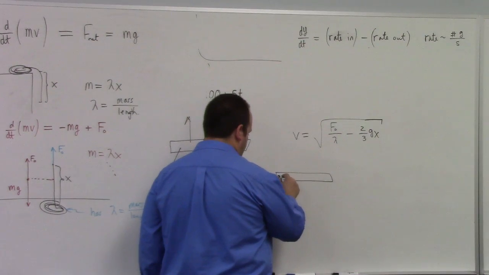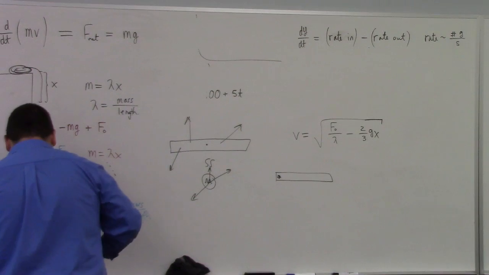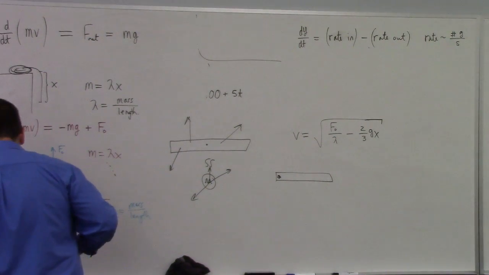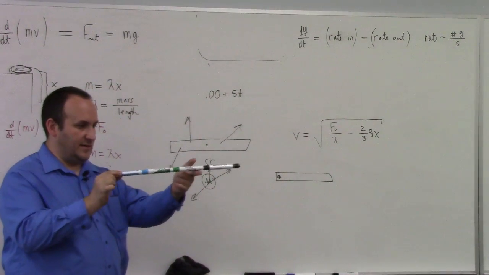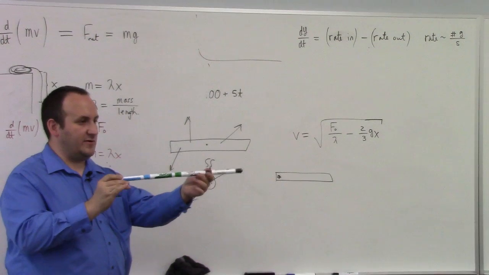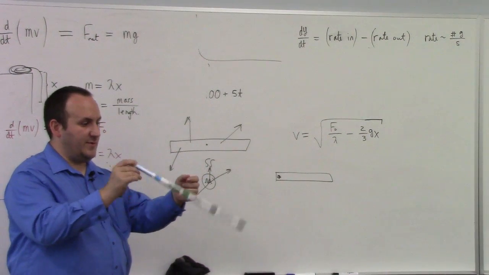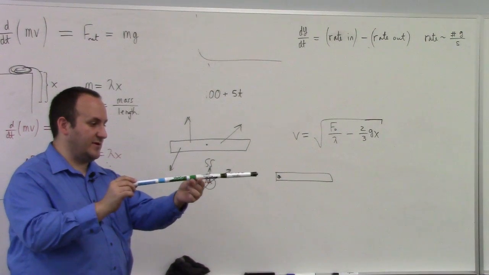And so to illustrate that, and this you could of course actually do experiments on, but if you have something like this, right, and you just let it drop like that, you have to think about the force of gravity. Where do you think about applying the force of gravity? You think about applying the force of gravity to the center of mass of the ruler or the marker system here.